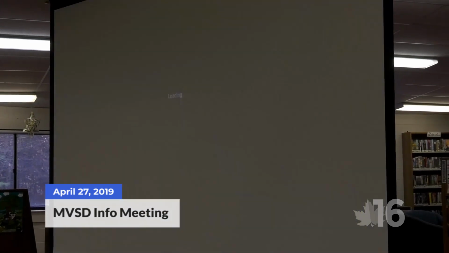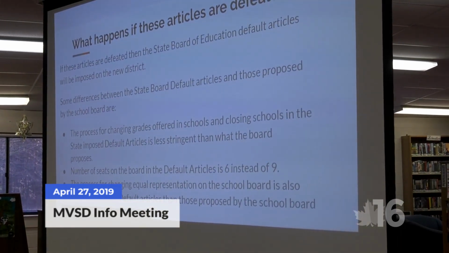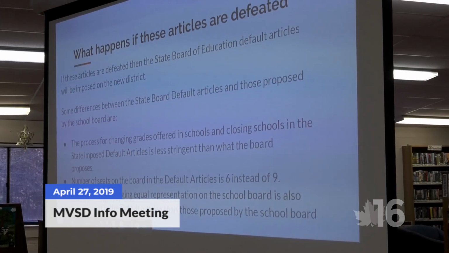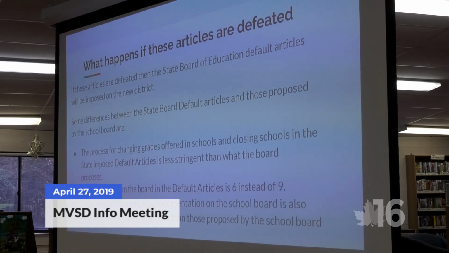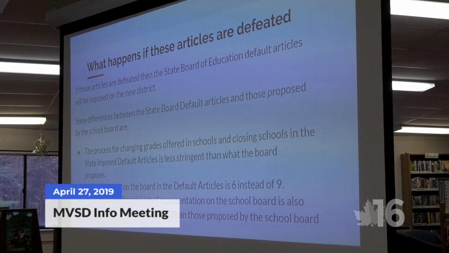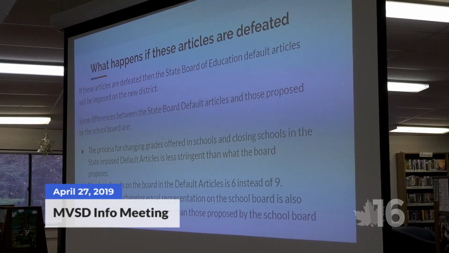So a lot of these are the major highlights of what's different between the default articles and the amended articles. It's a very small synopsis of it, but when it says less stringent, what the state default articles say is that for the first couple of years, once 21-22 starts, I'm pretty sure it takes the whole district to vote to close the school, as opposed to after that time, where we've got it so that after any time, it takes just that town.